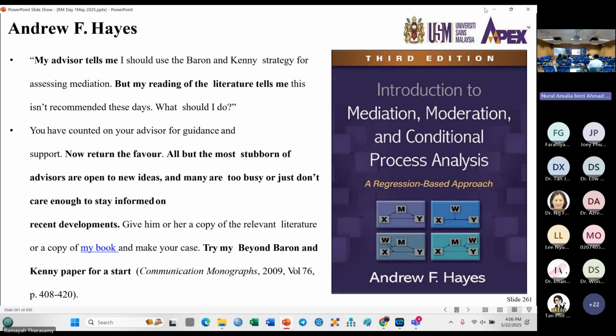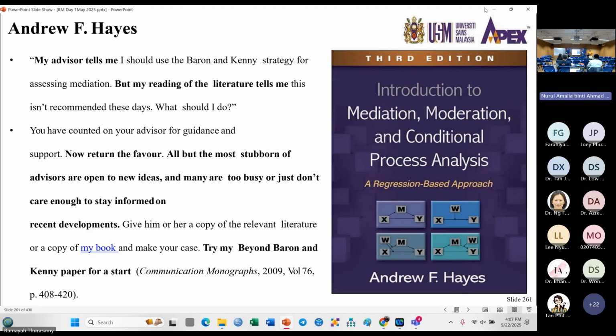What should I do? The answer is you have counted on an advisor for guidance and support. Now return the favor. All but the most hardened advisors are open to new ideas, and many are too busy or just don't care enough to keep informed on recent developments. Give him or her a copy of the relevant literature or a copy of my book and make your case. Try my Beyond Baron and Kenny paper for a start.